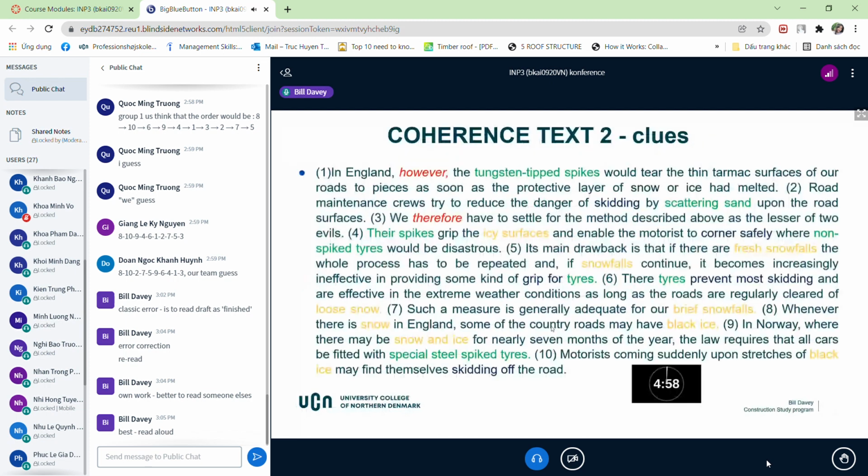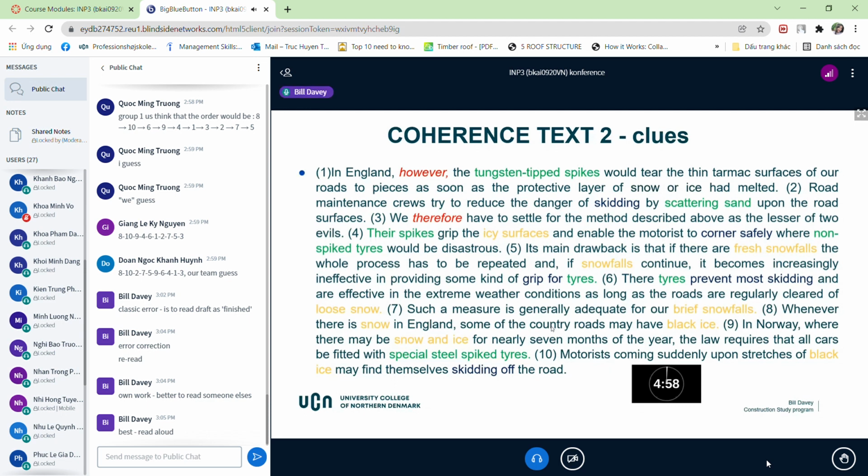So when we look at this text now, it's the same one, but of course, some of the words are in different colors. And this is where we can see, for example, that the yellow words are kind of synonyms. They are words that mean pretty much the same thing.